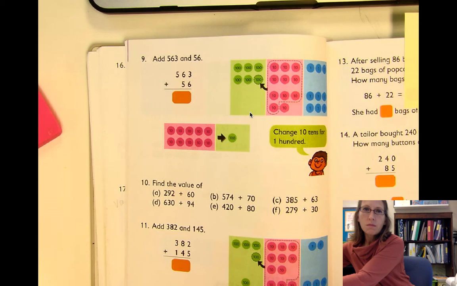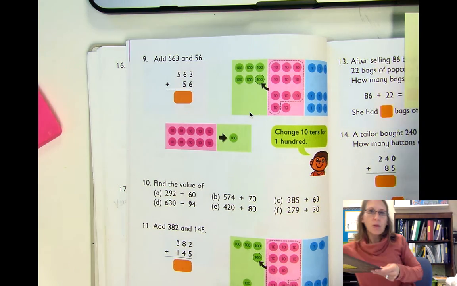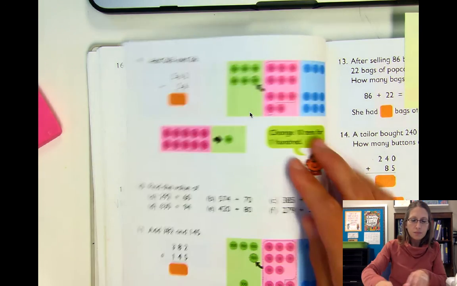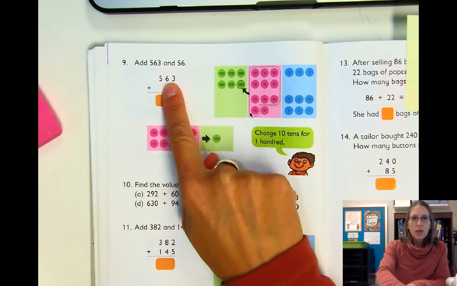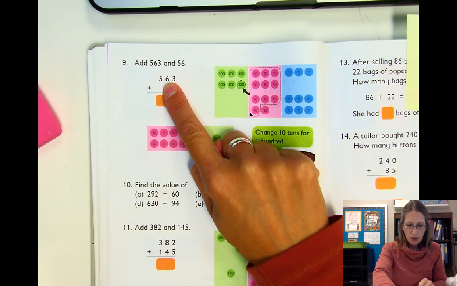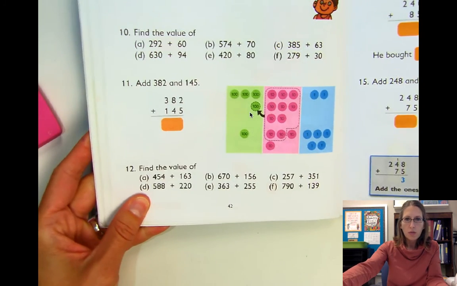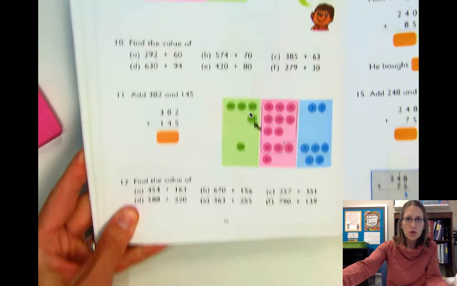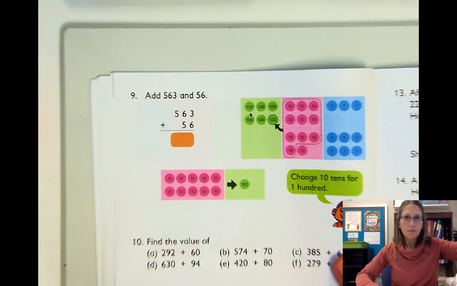So here you can see they've given us a little sample problem where we have 563. Oh, and I should mention I'm on page 42 right now. If you want to follow along with me, it'd be a very prudent idea to open up to page 42. And I am looking at the top here.